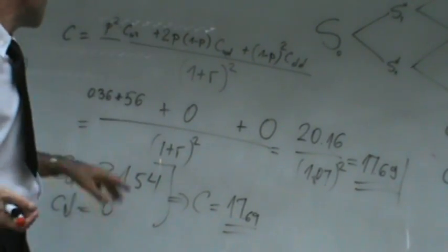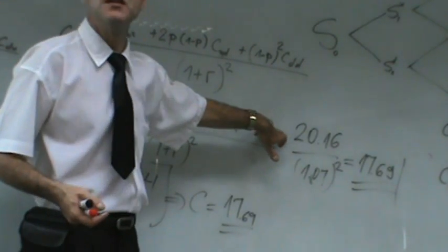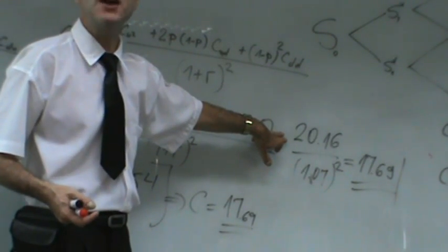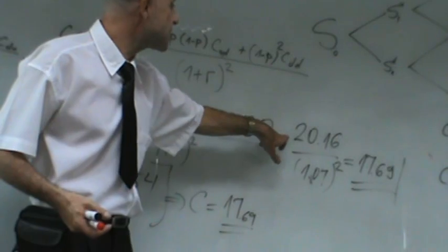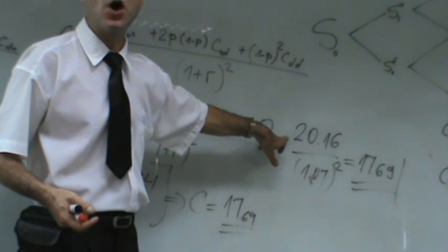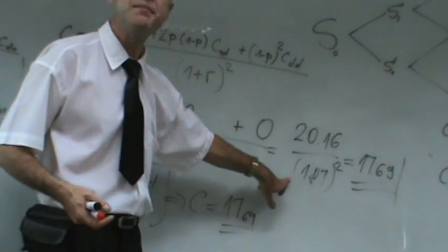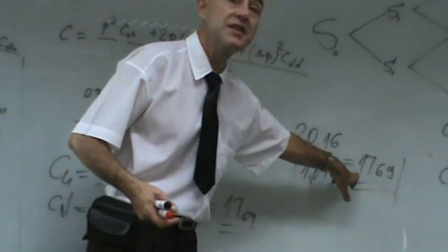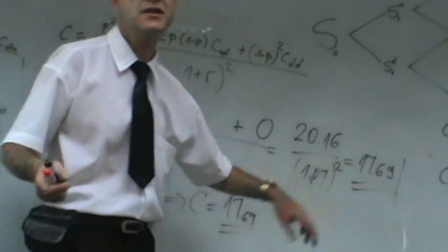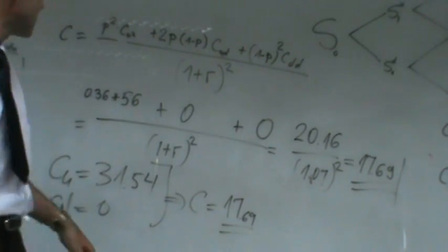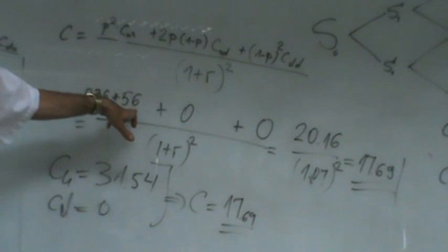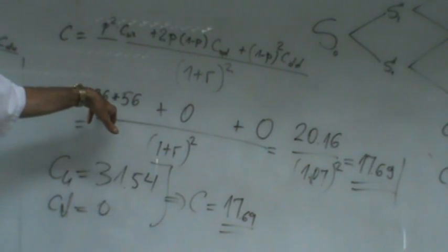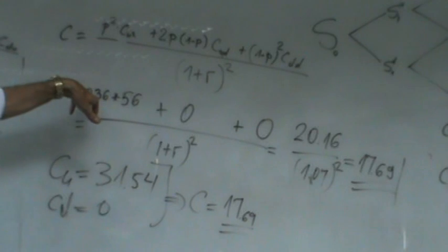So basically, the future value of the call is $20. And when you convert back to present value, it's $17.69. In other words, it's 56 times 0.6, and then again times 0.6. All right, that's it.